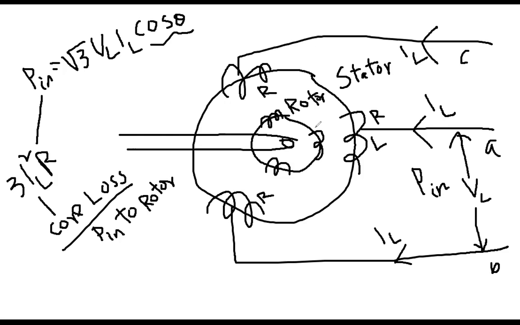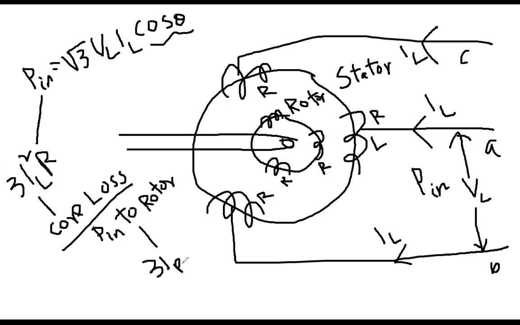Once it is input power to the rotor, these coils again have some resistance. Not big resistance, but a small resistance. So from the input power to the rotor, you have to subtract this type of loss, copper losses. Again, because there are 3 coils, it is 3 times.